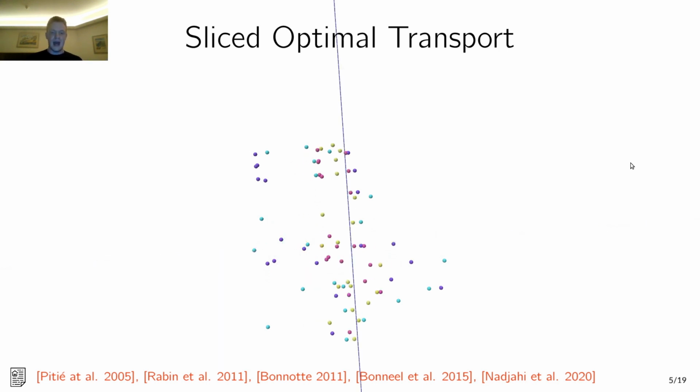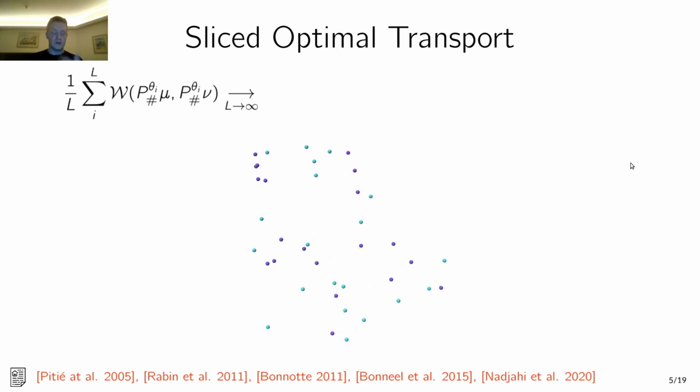Now, if you take the average of the Wasserstein distance along all those directions, it will converge, thanks to the law of large numbers, to the integral of the Wasserstein distance along all possible directions, and we're going to call that integral the sliced Wasserstein distance.